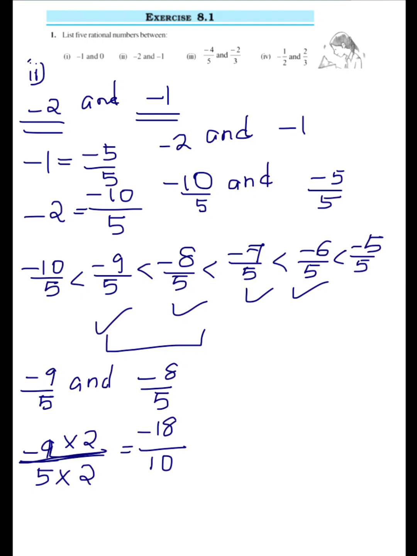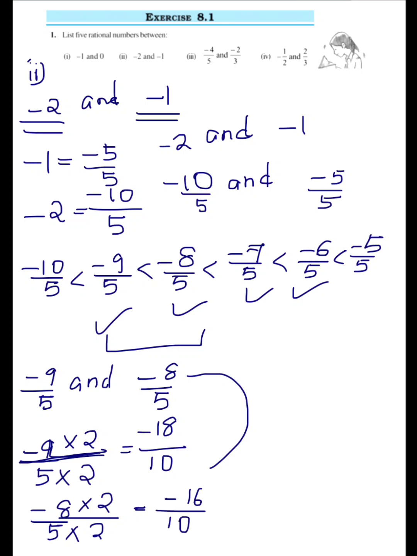Now what about this minus 8 by 5? Here also the denominator should be 10. That means multiply by 2, so here also by 2. So it will become minus 16 by 10. So you have converted minus 9 by 5 as minus 18 by 10 and minus 8 by 5 as minus 16 by 10. Now you can find the rational numbers between them.